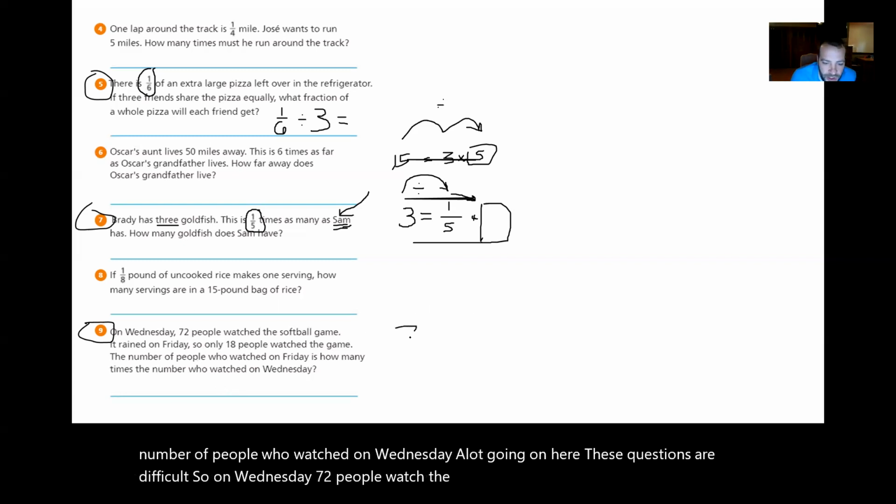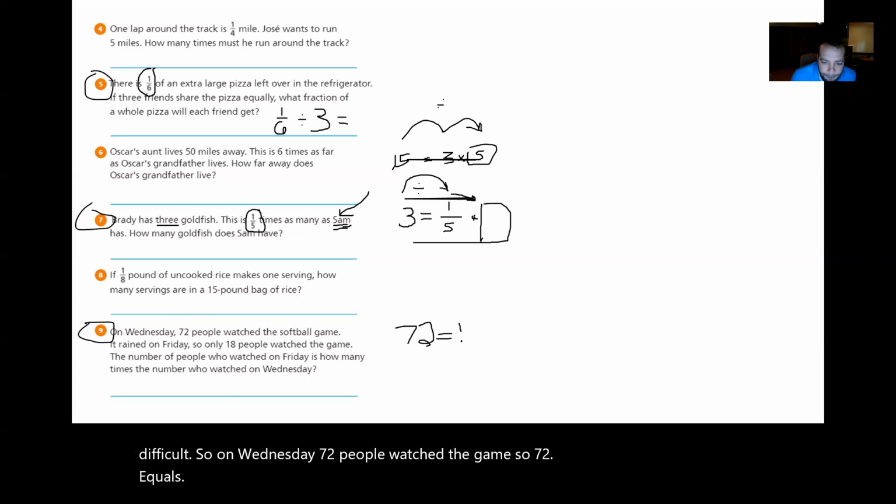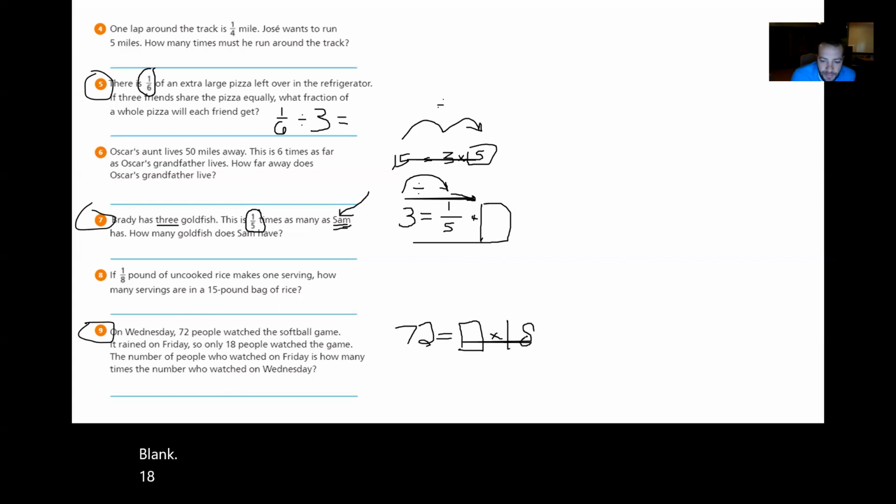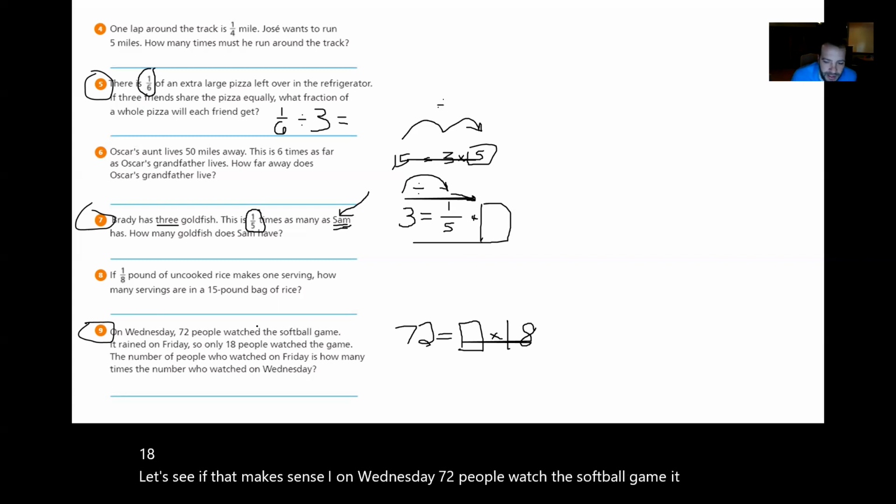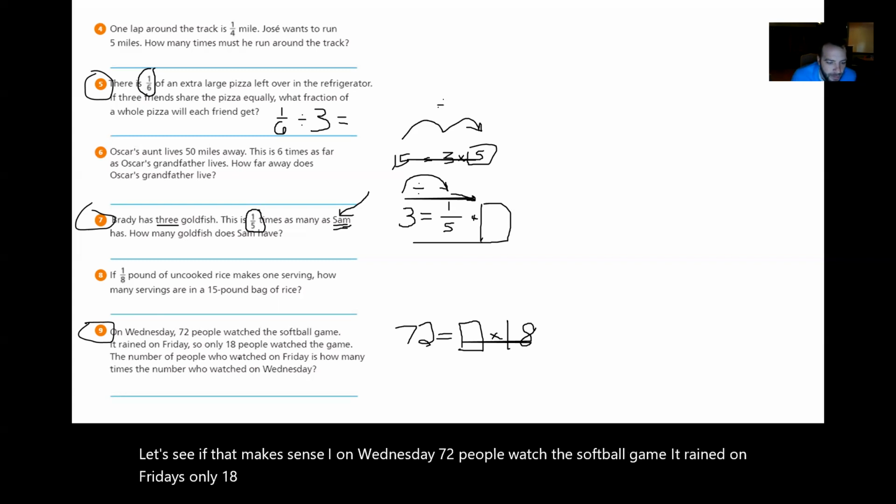So 72 equals blank times 18. Let's see if that makes sense. The number of people who watched Friday is how many times who watched Wednesday.